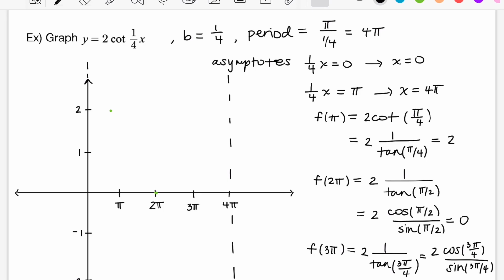Cosine of 3 pi over 4 over sine of 3 pi over 4 will give us negative 1. So we'll get negative 2 here. So we'll plot that point right about there. Now drawing our curve, we'll get this here, which will be our graph of this cotangent function. Alright, so that'll be it for this video.